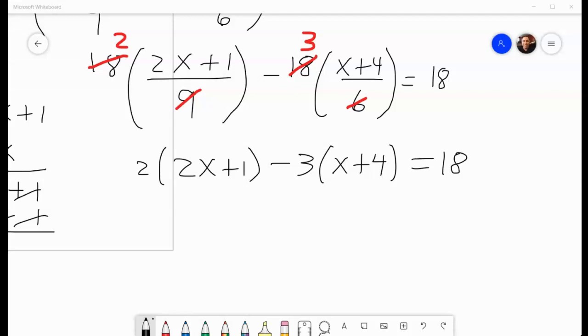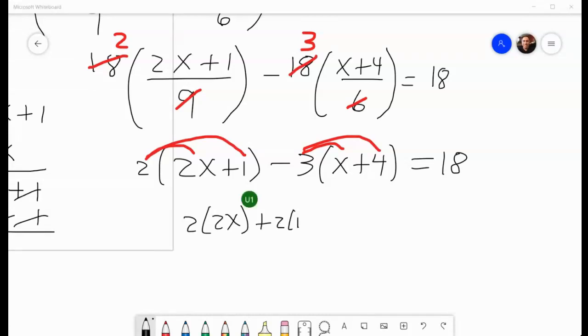Good. So now again, we have to distribute again. So that's what I'm showing here. Just writing it in red, I guess, to illustrate that I'm distributing. Right? We have to distribute. So we're going to get 2 times 2x plus 2 times 1, minus 3 times x. But again, we have to distribute minus 3.